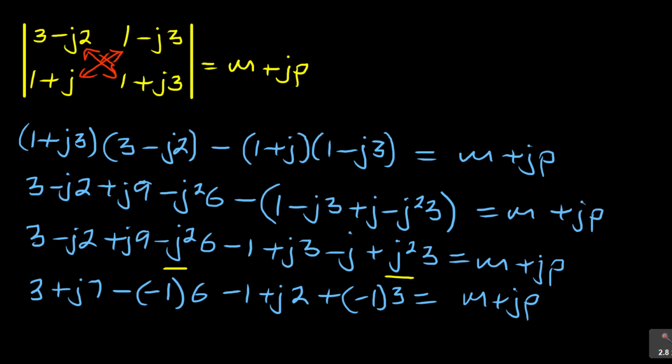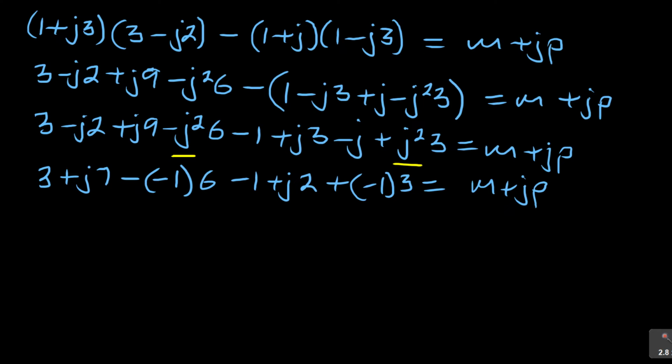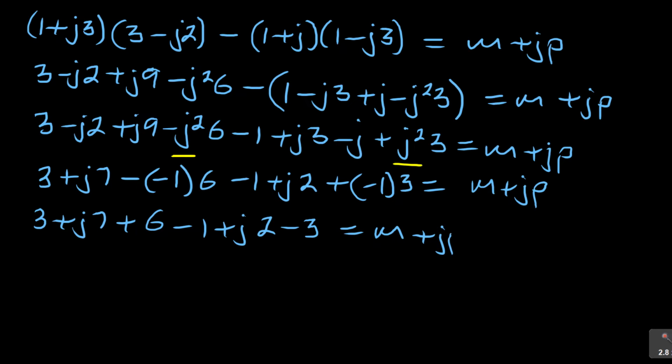So this is just basic simplification now. And then I think here we've got 3 plus j7 plus 6 minus 1 plus j2, and then minus 3 is equal to m plus jp. Now we can collect like terms.